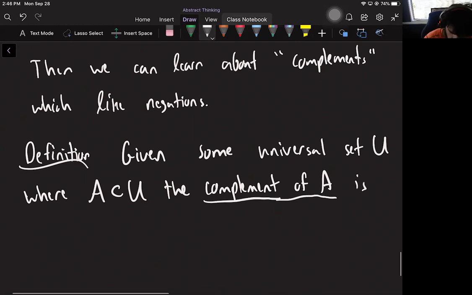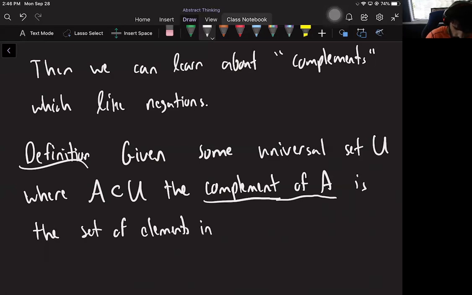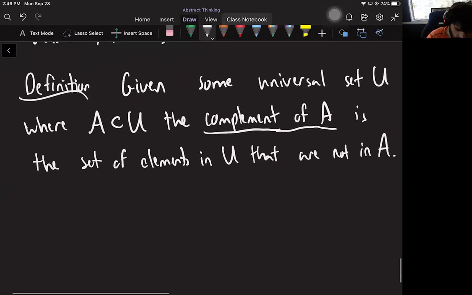So it is the set of elements in U that are not in A. And it's written as this, A to the C.